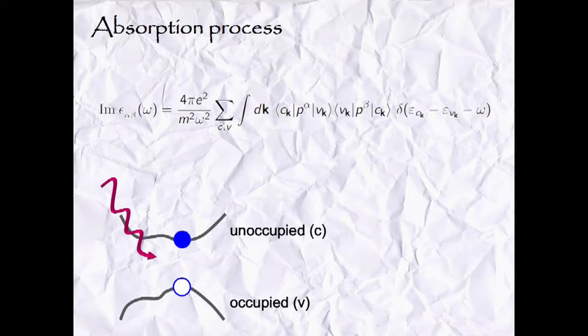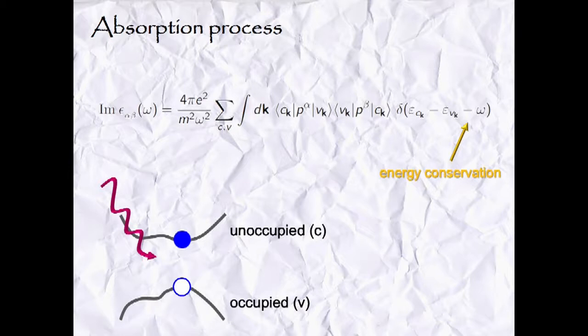So what does this mean? The light that is coming in has to have a frequency which fits into the distance between 2 different bands. So this is basically energy conservation. And this tells us that the imaginary part of epsilon will have peaks exactly at the distances between 2 bands. Okay?